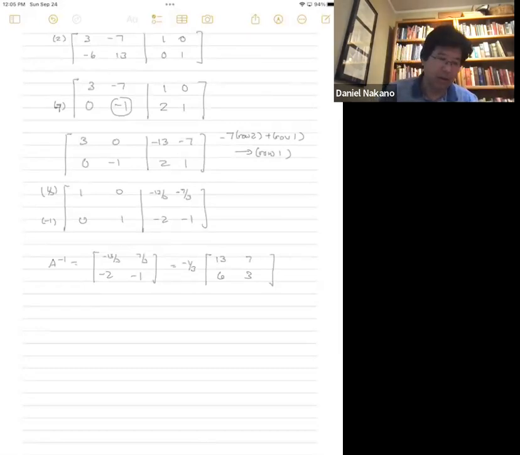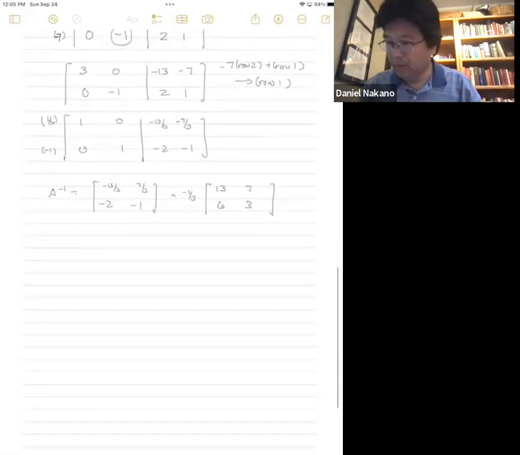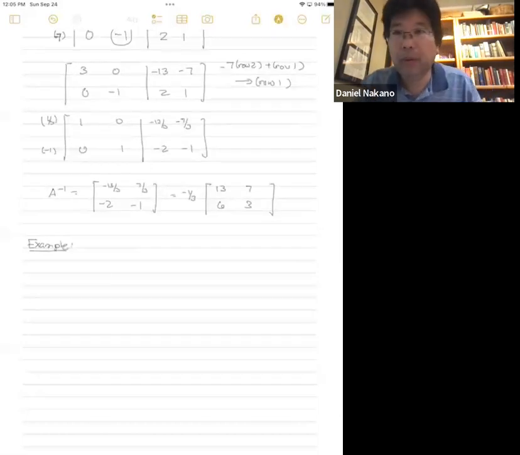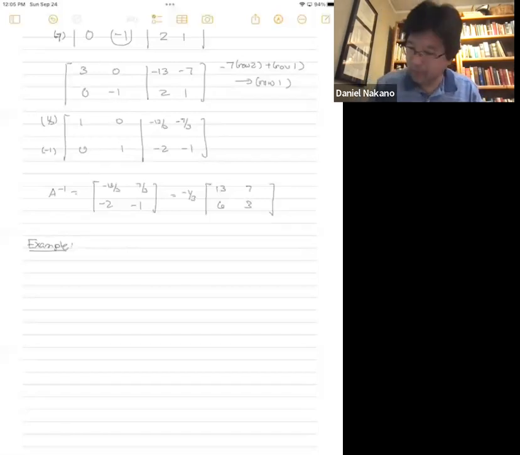Okay, so now let's do another example. This will be an example where we look at a 3x3 matrix and apply the same procedure.